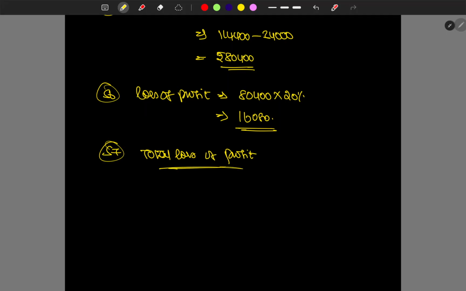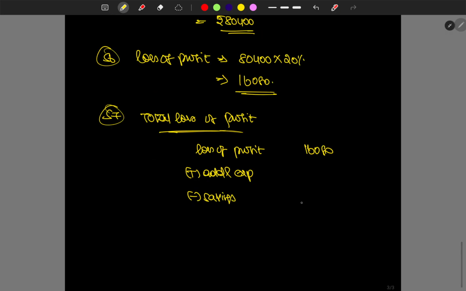Okay, the next step, total loss of profit. Total loss of profit includes additional expenses also. Loss of profit we found out, which is rupees 16,080, plus additional expenses for additional sales, minus any savings we did for the period, it comes to total loss of profit.